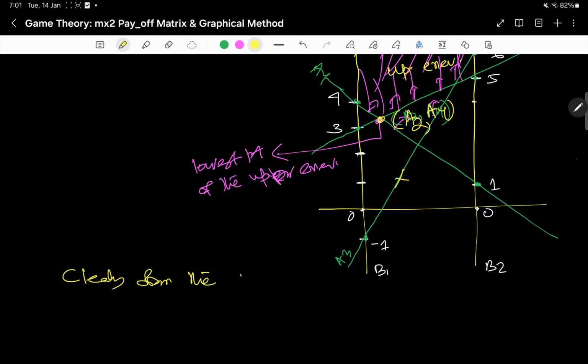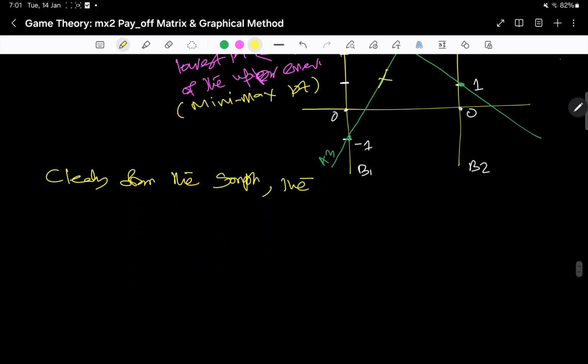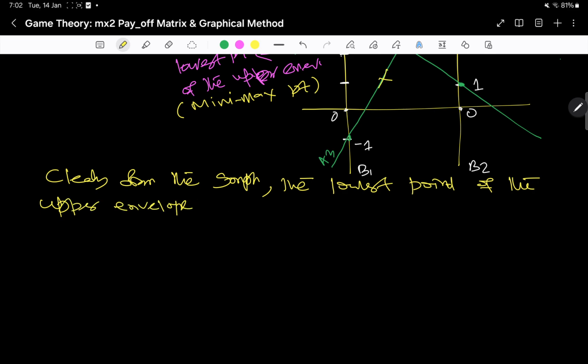Clearly from the graph, the lowest point of the upper envelope means my minimax point.